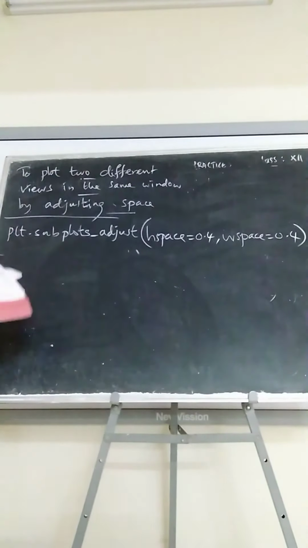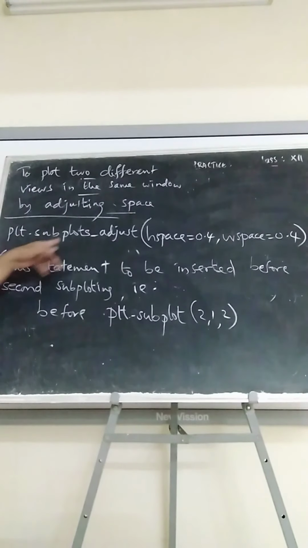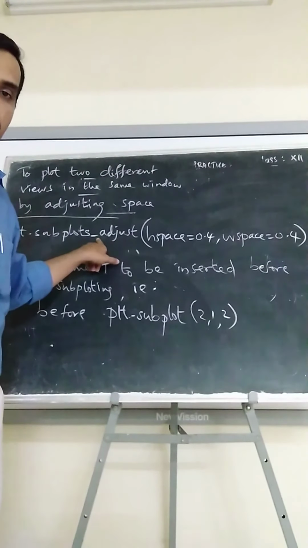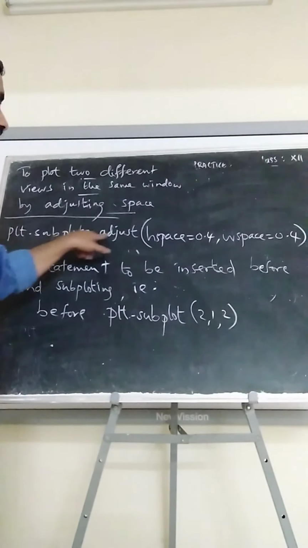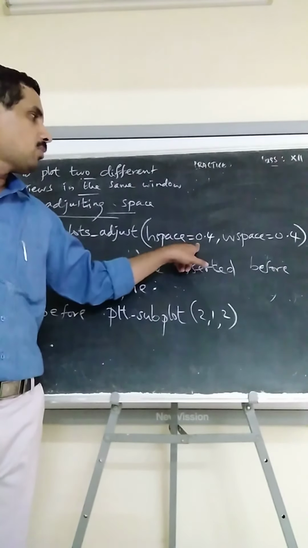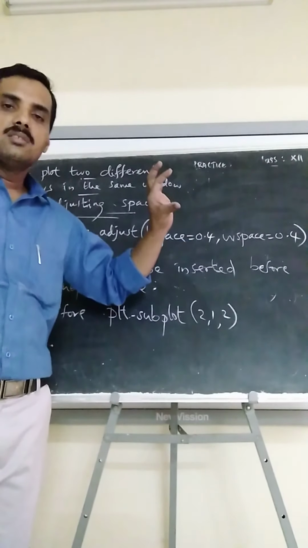That means this statement, plt.subplots_adjust, with horizontal space, that is length, equal to 0.4 and width 0.4.